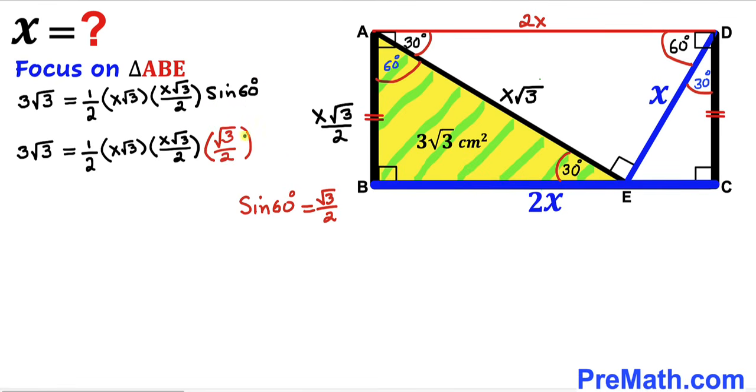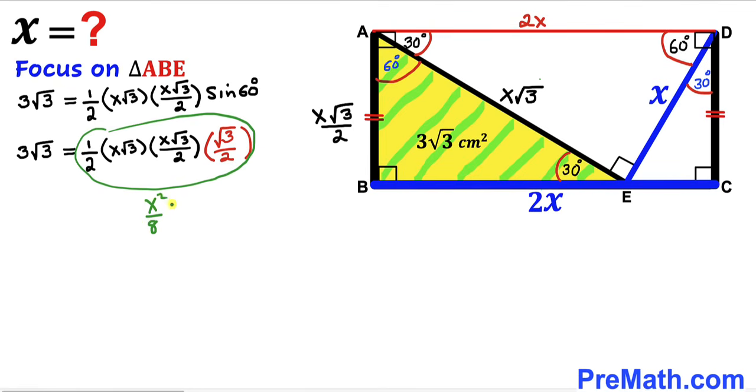As you can see in this next step, I have replaced this sine of 60 degrees with square root of 3 divided by 2. And now if we simplify and multiply the right hand side, that is going to give us x square divided by 8 times 3 times square root of 3.